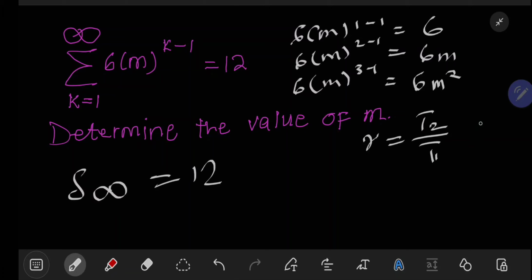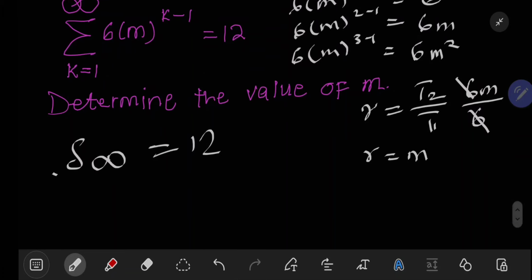To find the value of r, we say t2 divided by t1, so we have 6m divided by your t1, which is 6, and then 6 divides 6, and your r value becomes m. So r is equals to m. The sum to infinity is equals to 12.